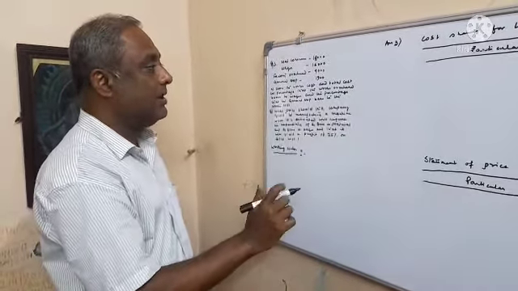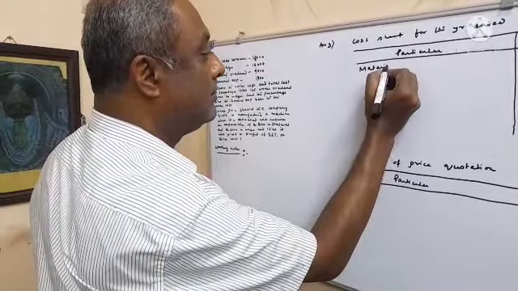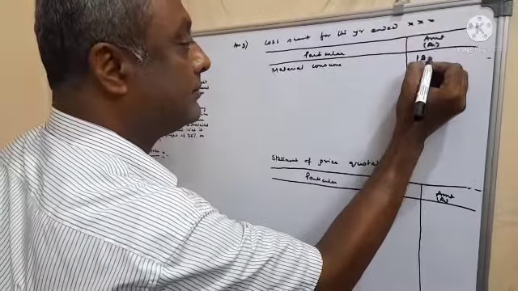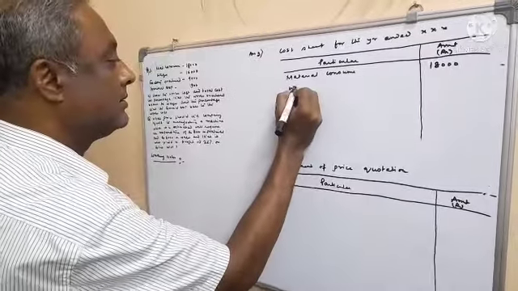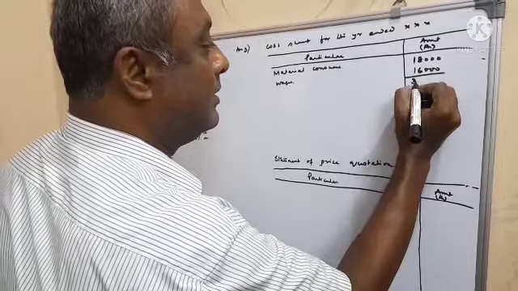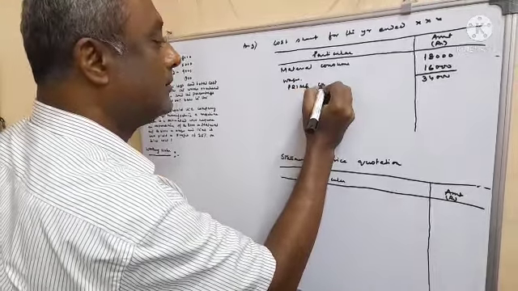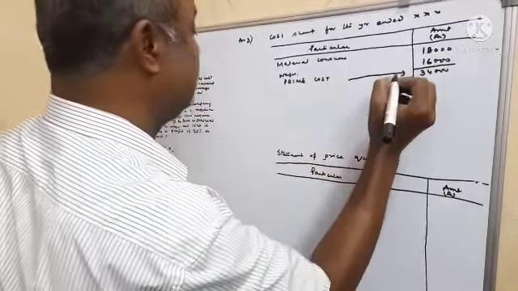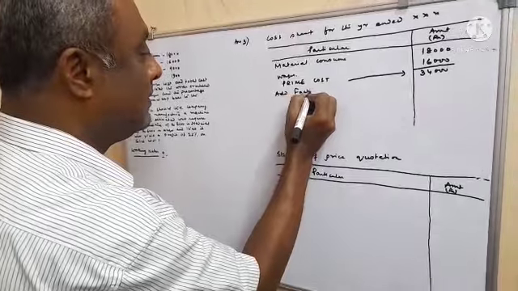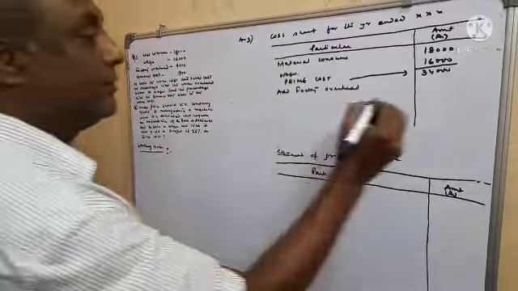Now we shall start the problem. Again cost sheet I am doing. Material consumed rupees 18,000. Wages rupees 16,000. Prime cost 34,000. Add factory overhead, question telling 4,000.